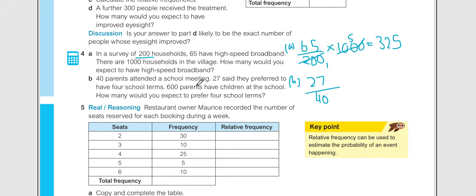Now if they are saying 600 parents have children at school, how many would you expect to prefer 4 school terms? Now if this is the frequency for 40, what will be the frequency? This is a relative frequency here. So what will be the expected results for 600 using the relative frequency of the preferred parents who chose to have 4 school terms?